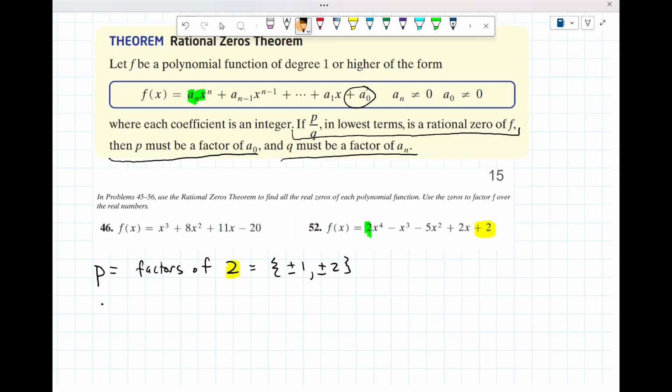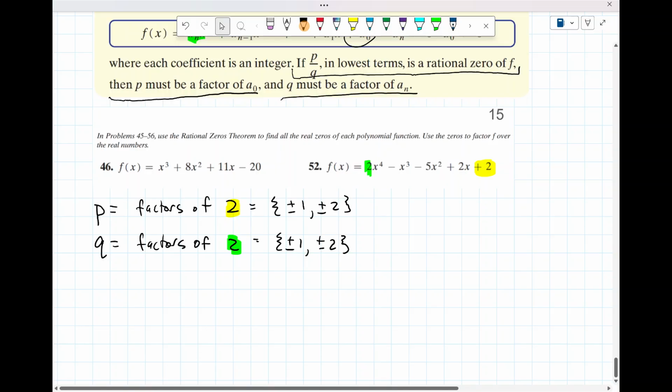Those will be all my possible numerators of my fraction, and q will be all the factors of 2, but in this case the 2 is the leading coefficient. They just happen to be the same number. And again, that'll be plus or minus 1 or plus or minus 2. Once I have my list of my possible p's and my possible q's, I find all of the possible fractions.